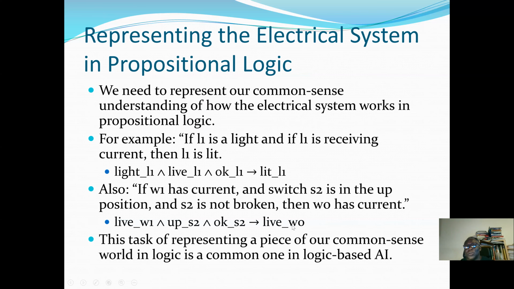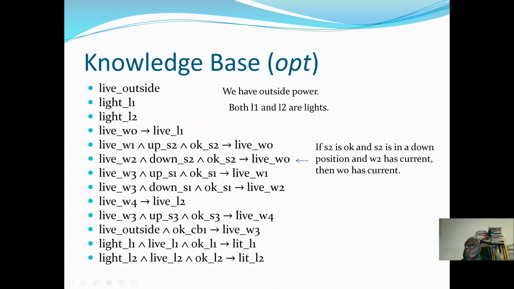So we can say that we are representing the electrical system in propositional logic. We have the electrical system, but we write in sentences the conditions that will make the electric system have a current or not have a current. And we state those conditions using propositional logic and logical connectives, or operators.